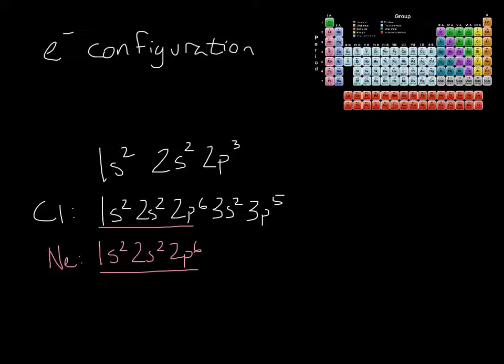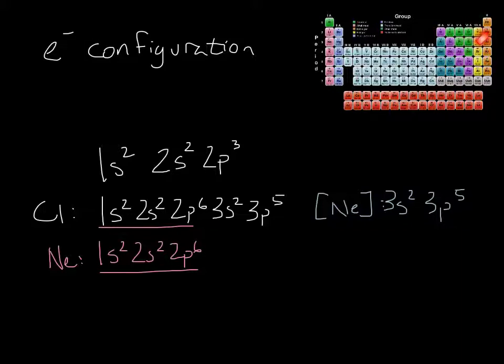Instead we can write neon in brackets, and that means the electron configuration of neon followed by what comes after. So after the electron configuration for neon, it's neon, 3s2, 3p5.